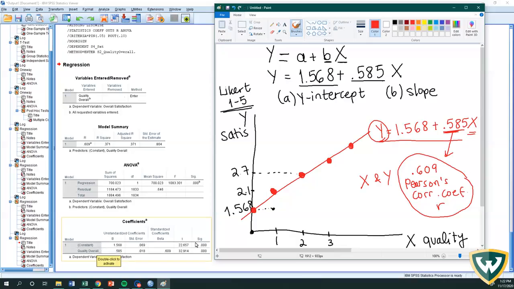In the cases where the t appears to be non-significant, we will actually trim our equation and not include either the constant, the y-intercept, or the slope wherever it's not significant, and only include the variables that are significant, to have an equation that only includes statistically significant A's and B's in it.